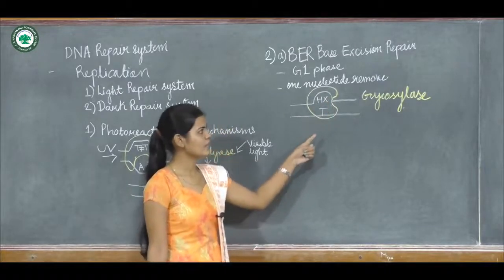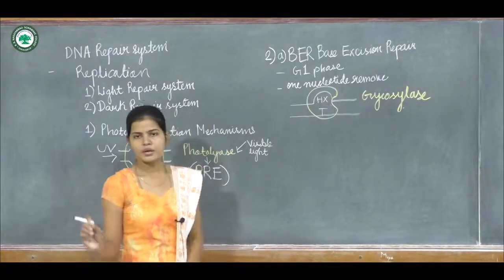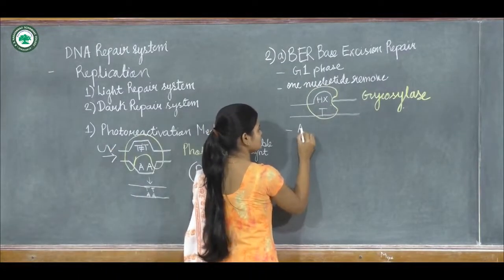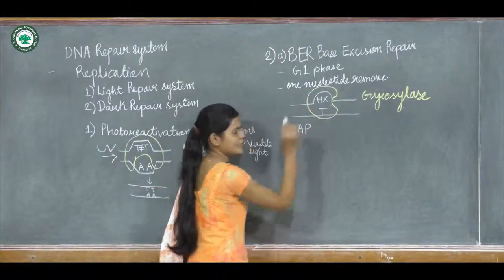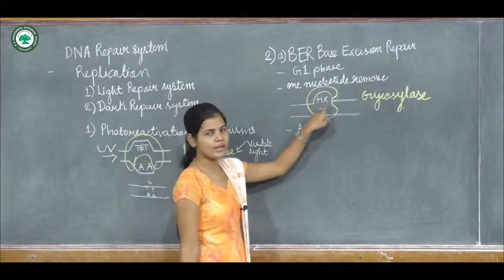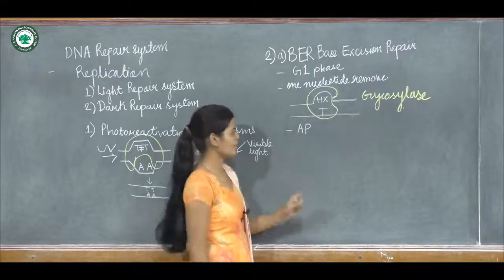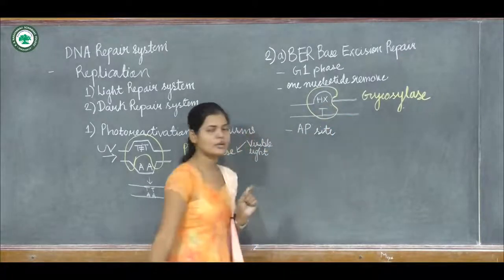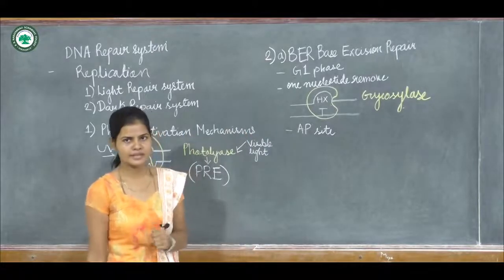After that, now there is an AP site, because as this nucleotide is removed by this glycosylase, now the apurinic or apyrimidinic site is created.